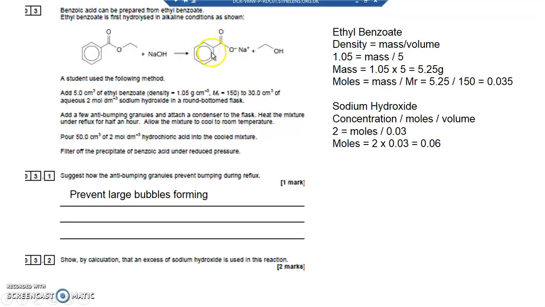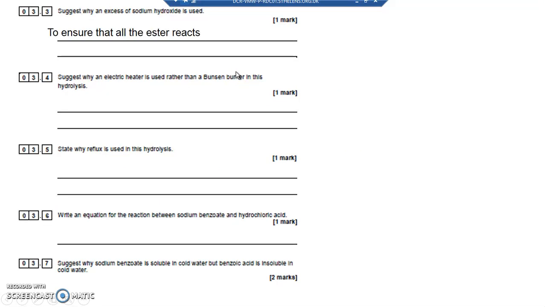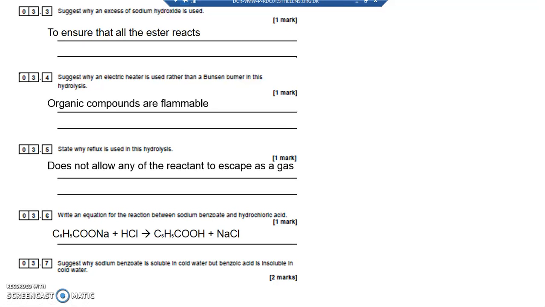Or I suppose you could draw it out as a ring with a COONa. I preferred to write it as C6H5COONa and HCl. So you're going to get NaCl and you're going to get benzoic acid. So it's a benzene ring with a carboxylic acid.